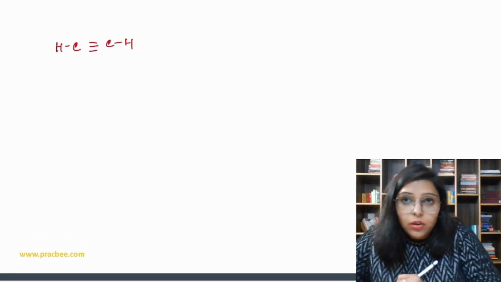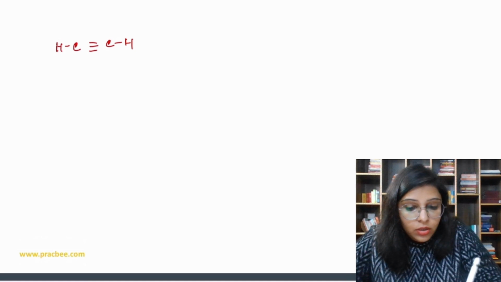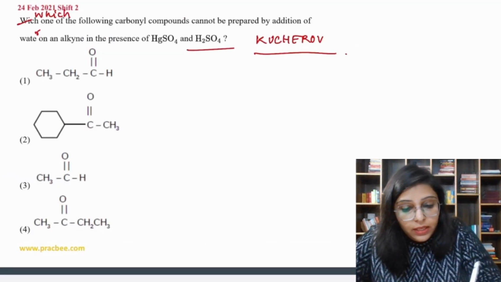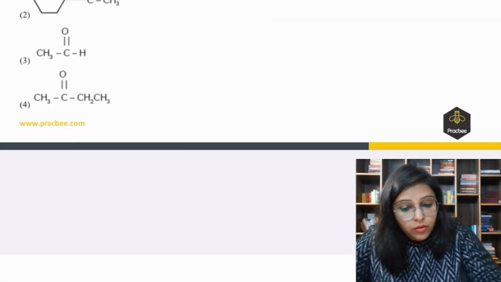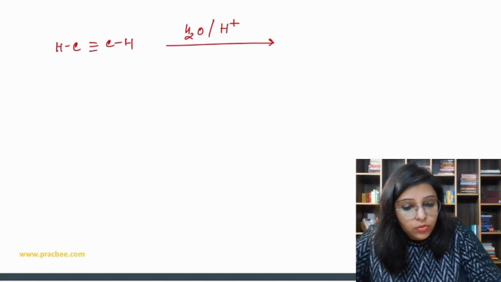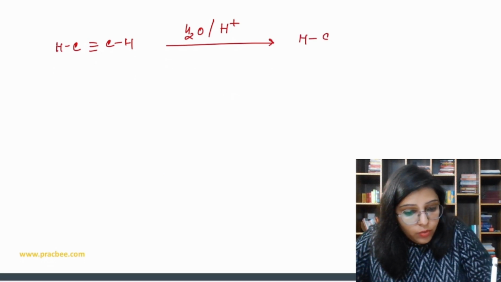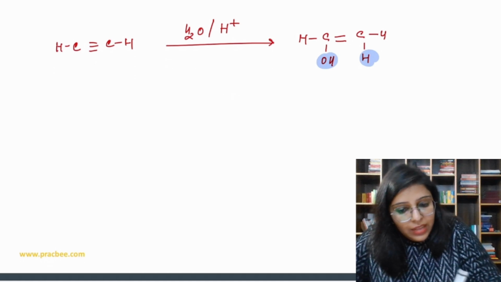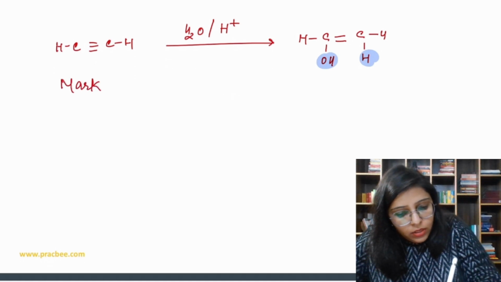If we have HC triple bond CH and it reacts in the presence of water and H plus, on one carbon we write OH with a double bond, and on the other carbon we write hydrogen. That is as per Markovnikov.